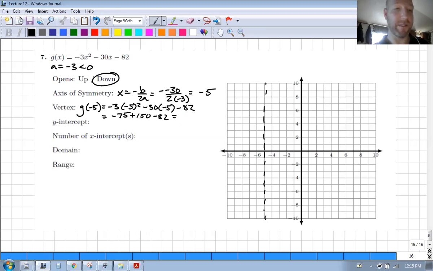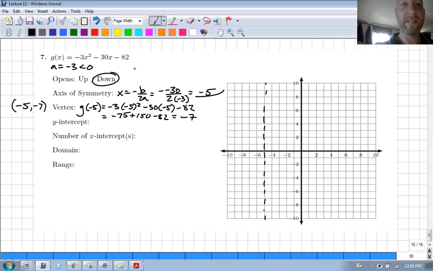There, that's a little more reasonable. So 150 minus 82 minus 75 is -7. So our vertex is at -5, -7, right?